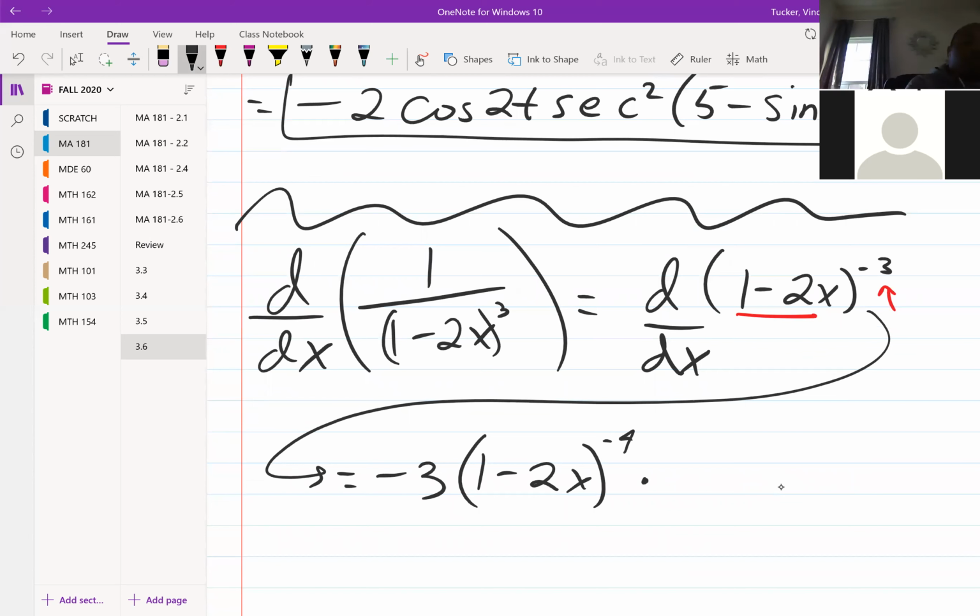Times the derivative of the inside. Derivative of a constant is 0. And that's going to be negative 2. And the x disappears.